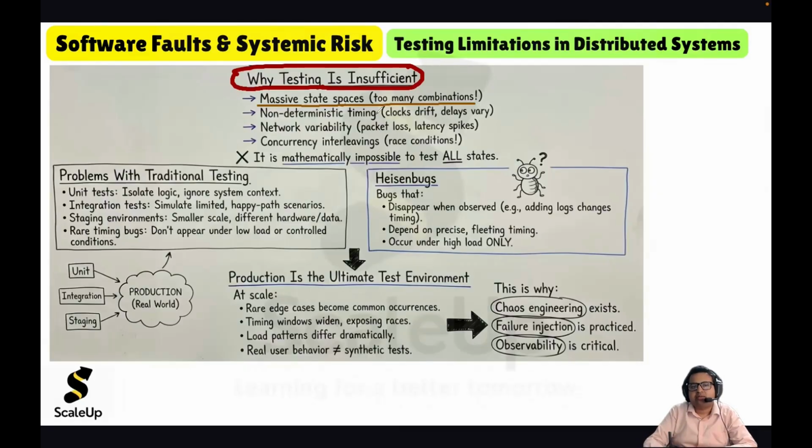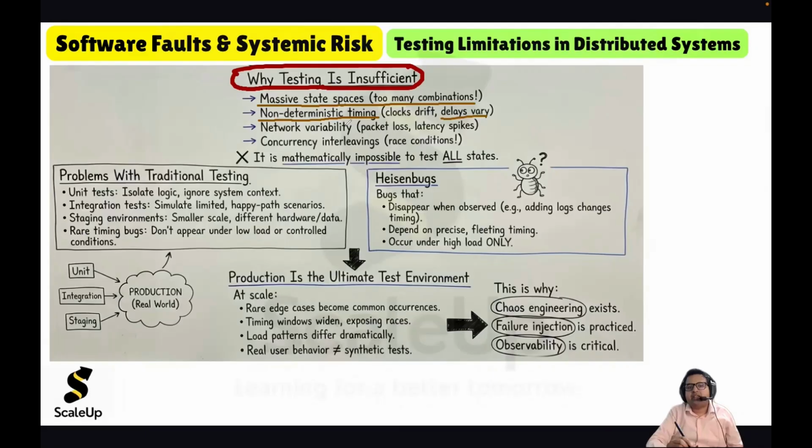Non-deterministic timing. In a production environment, the timing can be very uncertain. It can be very probabilistic in nature, and we cannot simulate it. Distributed systems in production are prone to non-deterministic timing, and we cannot test non-deterministic timing. One very good example of it is delay, which may vary.